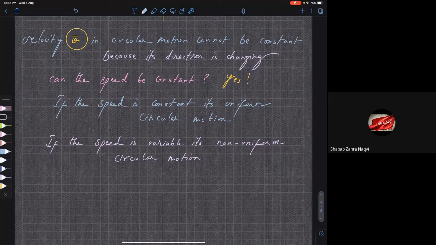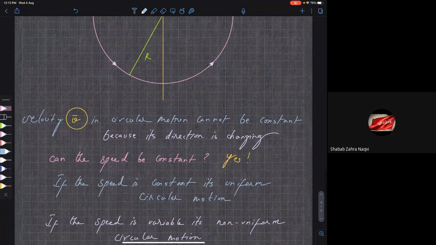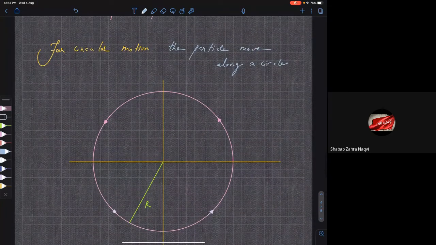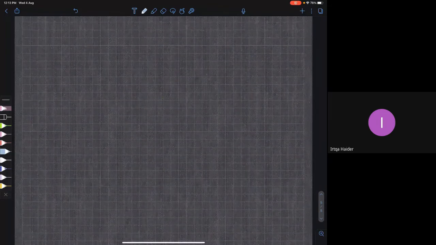When I say uniform motion and non-uniform motion in one-dimensional or two-dimensional motion or projectile motion, or when you are talking about linear acceleration, there the definition is different. Here the definition is different. Clear? So that is the most important thing.